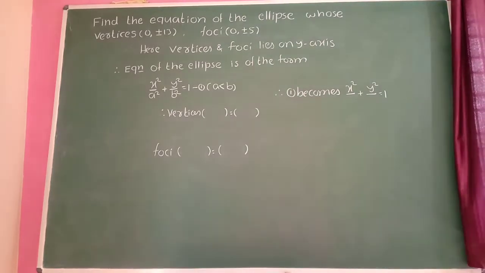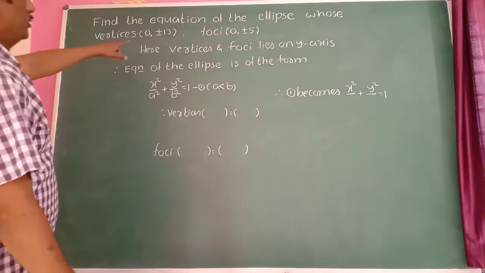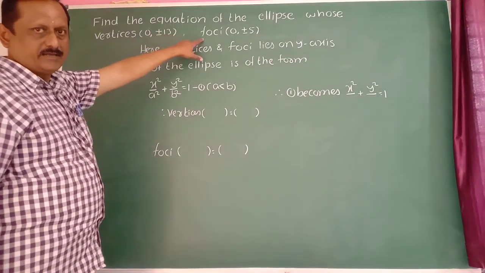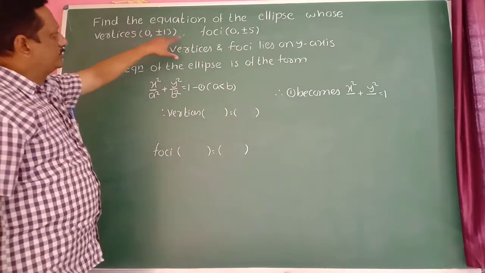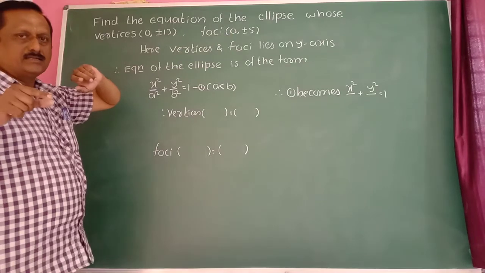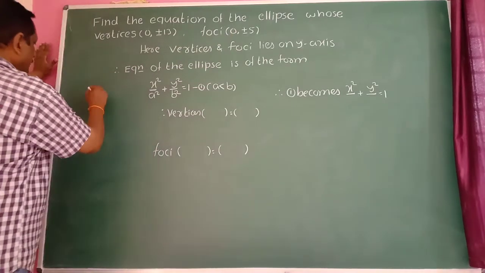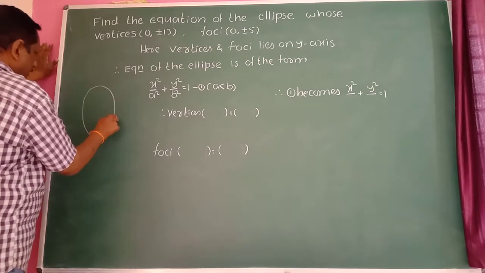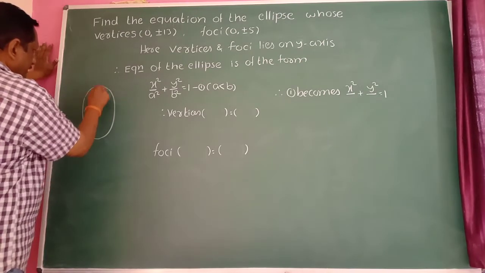In this case, vertices 0, plus or minus 13 and foci 0, plus or minus 5. Here x coordinates are 0, 0. Therefore, the points lie on the y-axis here. Therefore, the y-axis becomes the major axis here. The diagram is like this here.